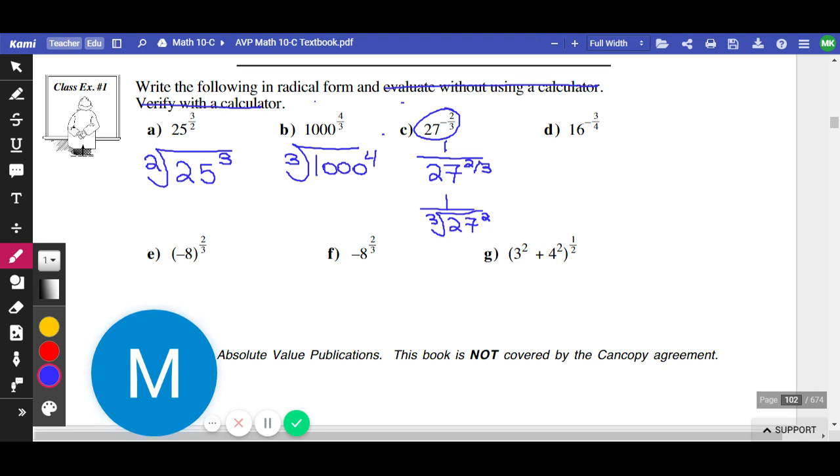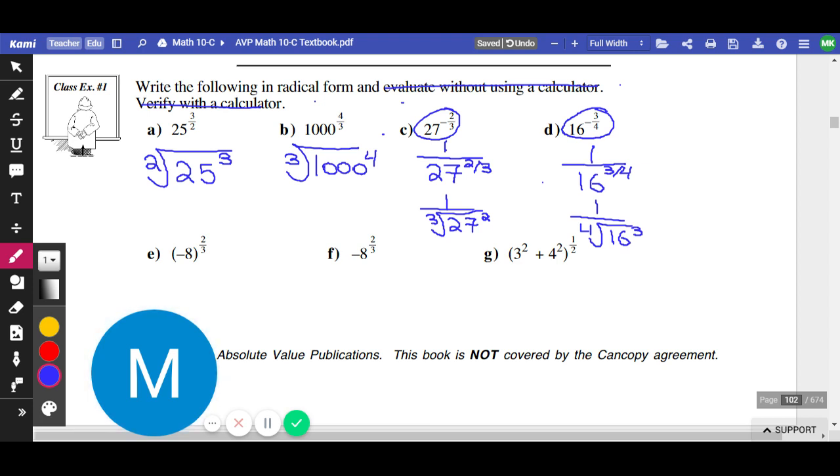Awesome. Last one, we have a negative exponent, so the entire power has to go under a fraction. It changes my exponent to become positive. Now I can change the bottom to become a radical, fourth root of 16 cubed. Awesome.